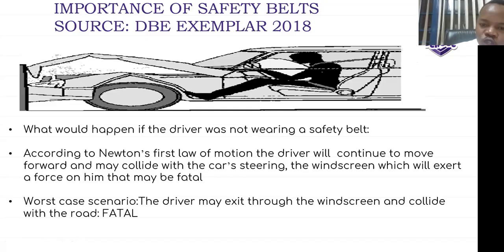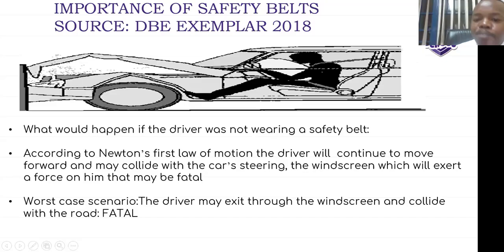And if he's not wearing a safety belt, depending on the size of the force that he's experiencing, he can actually move into the windscreen. And when the windscreen applies a force on him, then depending on the magnitude of the force of the windscreen, that particular force may result in severe injuries to the head of the driver or to any parts of the body that are going to collide with that particular windscreen.